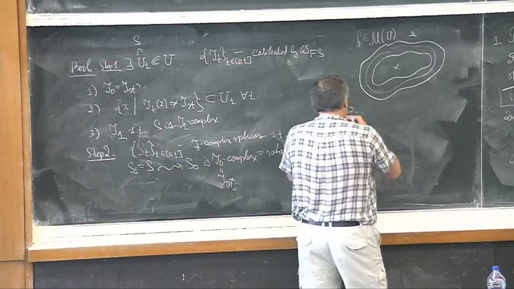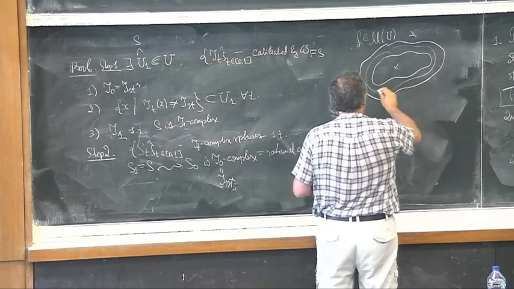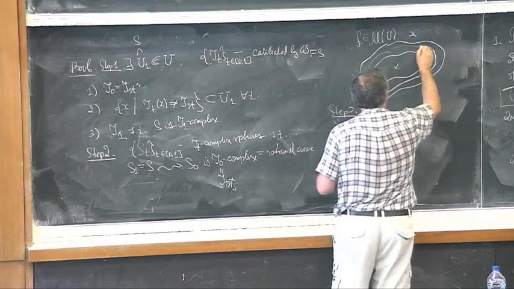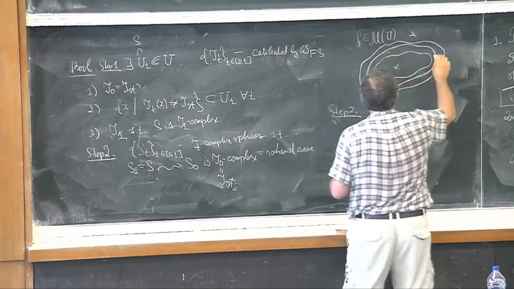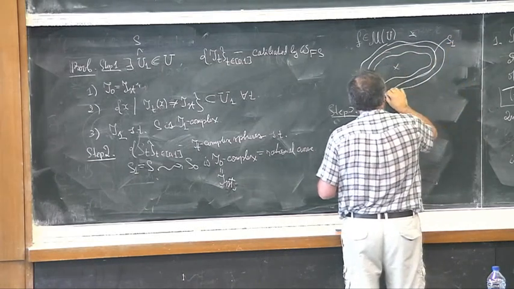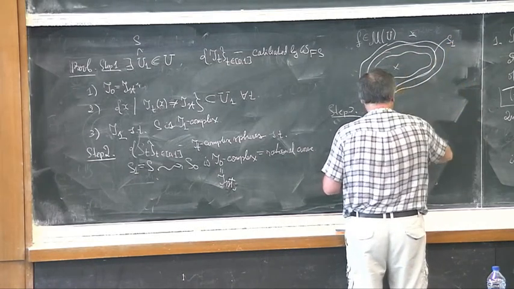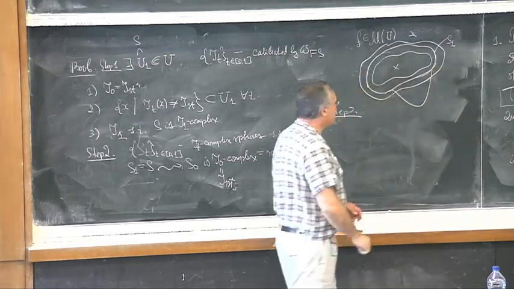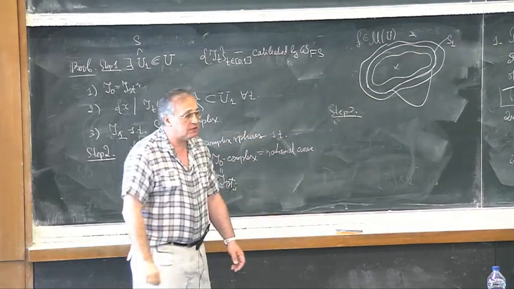So now, what is going on here? This is our curve, this is our S1. And now it starts to deform. If it stays inside of U, then you have nothing to prove.